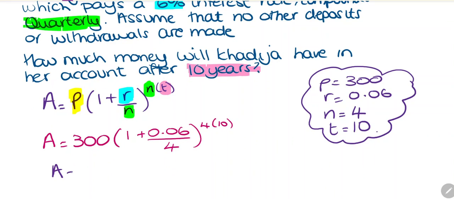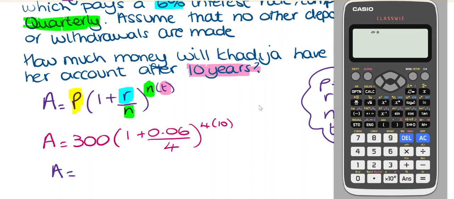Now, if we put this into the calculator, we have 300, then the bracket, fraction button. So this is 1 plus the fraction button, and we want 0.06 divided by the number of payments, which is 4.